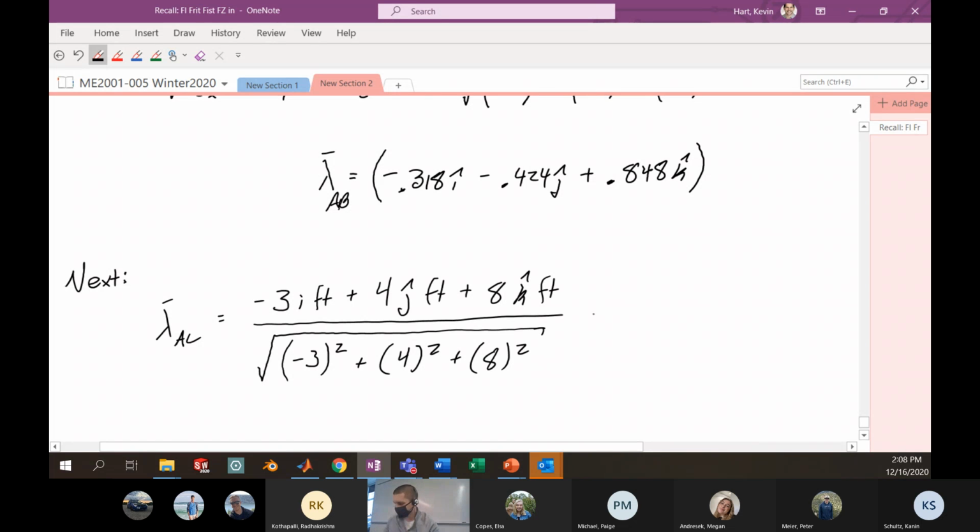Units down in the denominator are feet, so units will cancel out for this particular one. And we get a vector in the direction of the force AC. That's going to be something like negative 0.318 I hat plus 0.424 J hat plus 0.848 K hat. Okay. And so this would be our unit vector in the direction of the force AC.